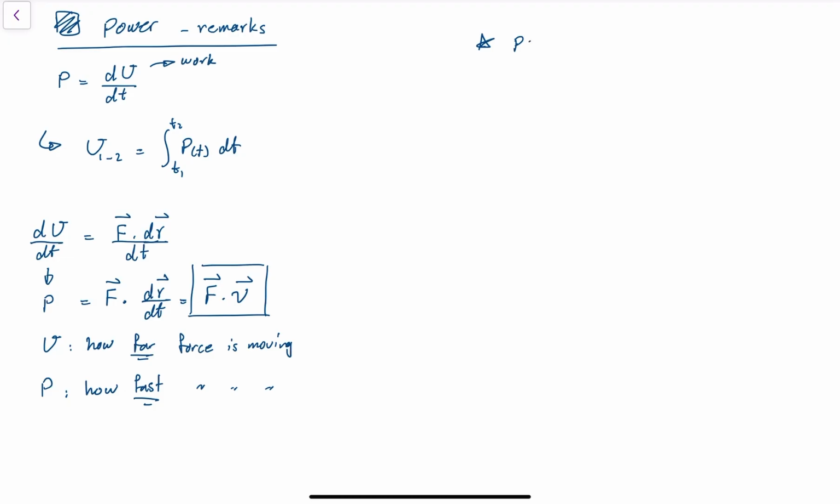Power is also a scalar. Very useful, so you don't have to worry about vector calculations, like when you were doing work and energy. You can also add powers of different pieces, different actuators and energy sinks in your system, and see how much total power in or out of a system is.